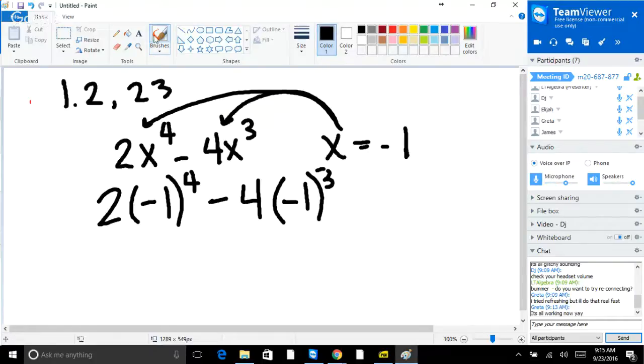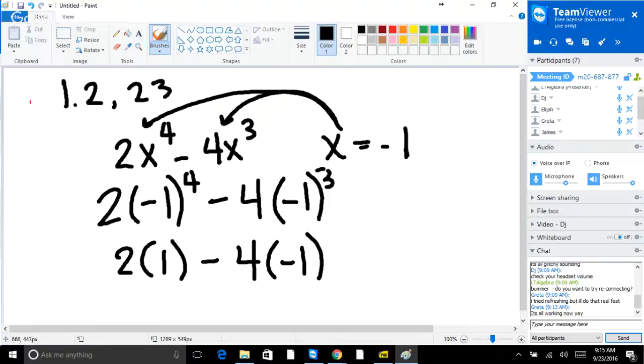So we should get 2 times +1, and then -4, and then -1 to the 3rd power is -1. Okay, so we have 2 times 1 is just 2, 4 times -1 is -4, and then when we subtract a negative, that's just like adding a positive. So this should be 6.